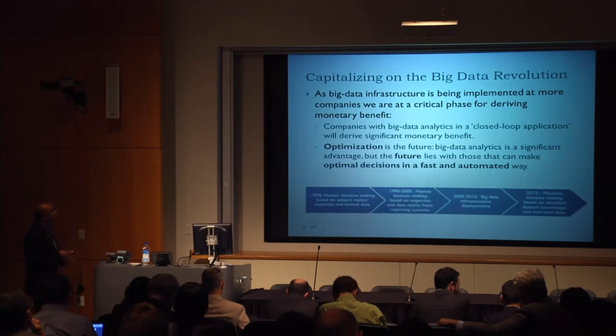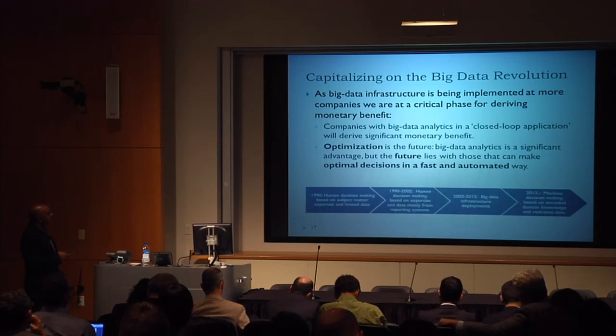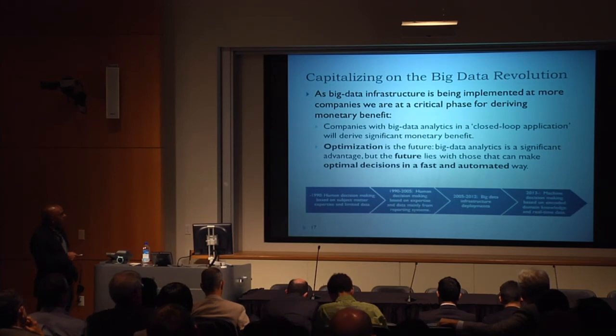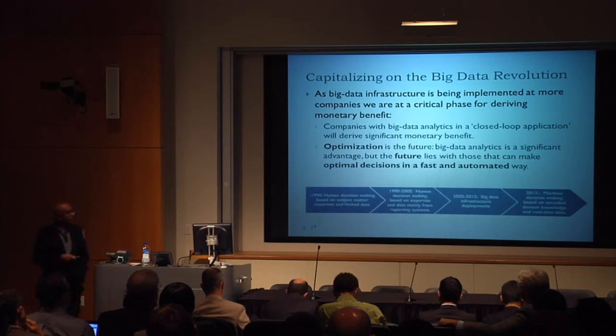So to capitalize on this, I'd argue that, in the early days, people were using subject matter expertise and limited data, and maybe based on my statistics, I have to say that's today also, but let's just ignore that for the moment. 1990 to 2005, data warehousing came into play and everybody said, let's use some reports.